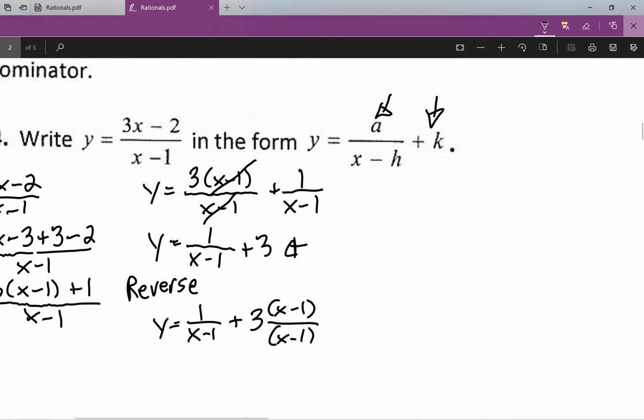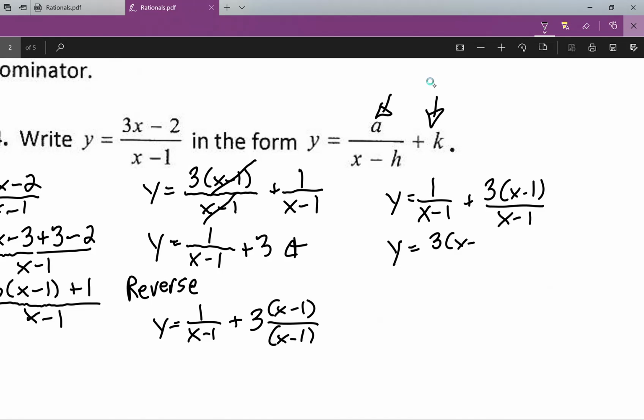This then will give us y equals 1 all over x minus 1 plus 3(x minus 1) all over x minus 1. Now that I have the common denominator, I can simply put the tops together, and we get y equals 3(x minus 1) plus 1 all over x minus 1.